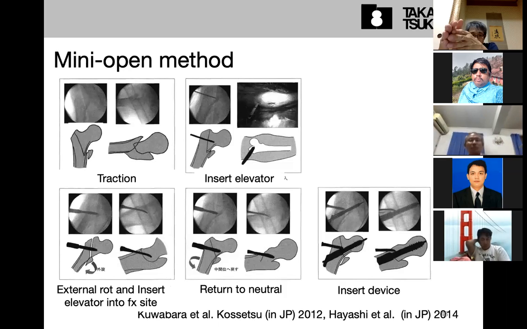If the distal fragment is externally rotated, the anterior fracture line can open, and then insert the elevator and lift up.